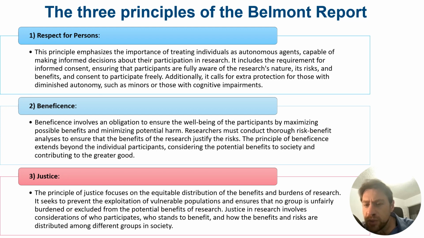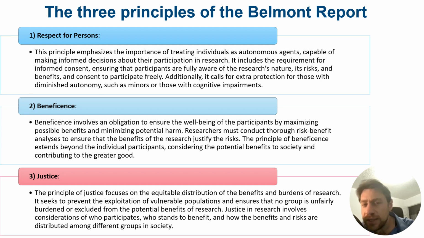It includes the requirement for informed consent, ensuring that participants are fully aware of the research's nature, its risks and benefits, and consent to participate freely. Additionally, it calls for extra protection for those with diminished autonomy, such as minors or those with cognitive impairments.